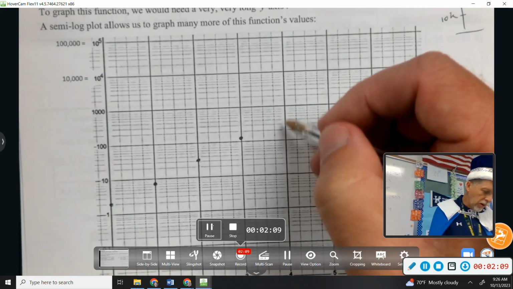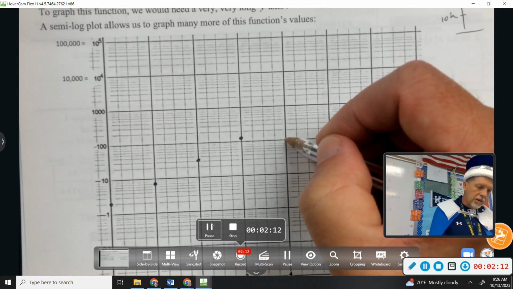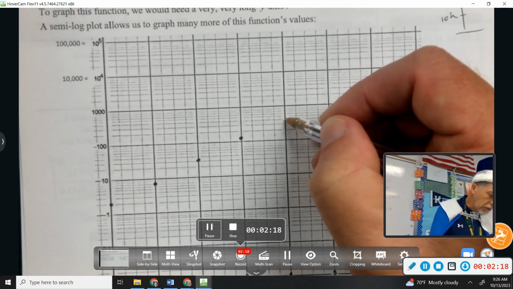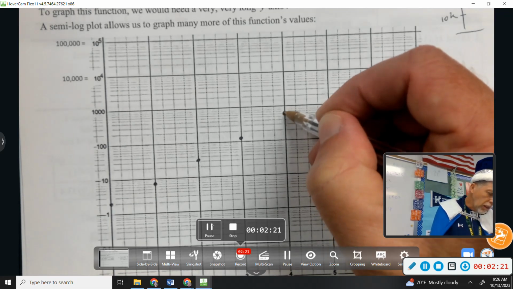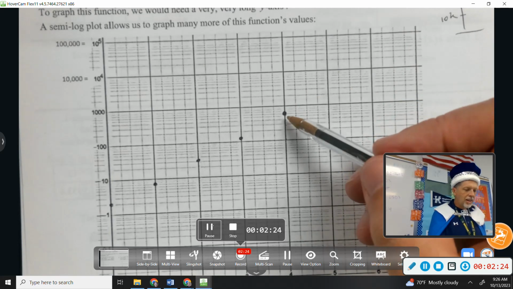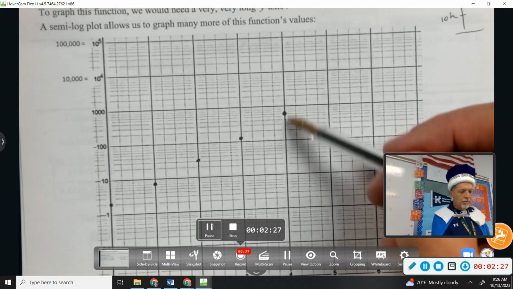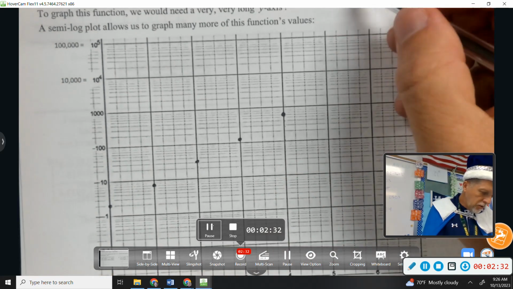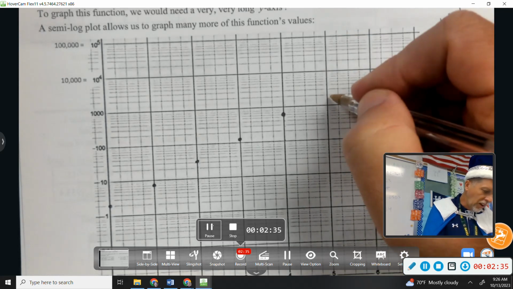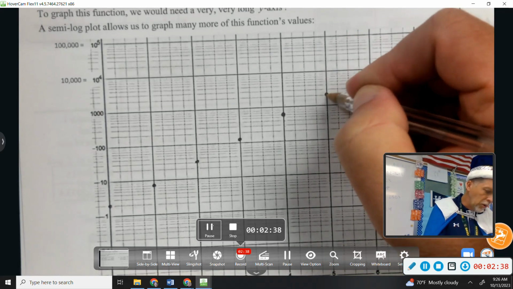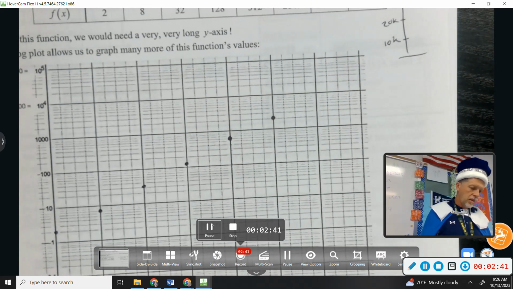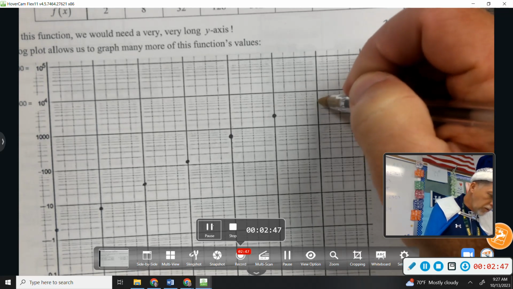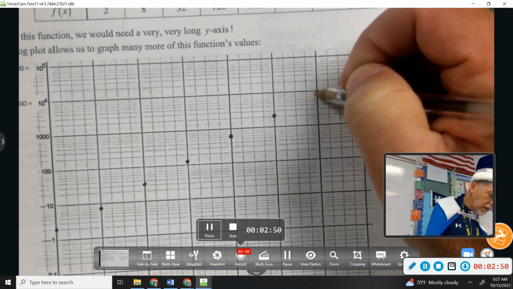4, 512. So 100, but then I'm counting by hundreds in this little region here. So 100, 200, 300, 400, 500. And again, 500 is not in between 100 and 1,000 because the scale is kind of wacky. 5, 2,048. The 48 is not going to matter a whole lot, just a little bit more than 2,000. 6, 8,192, somewhere up in there.